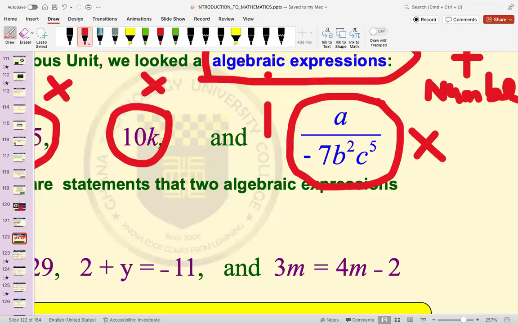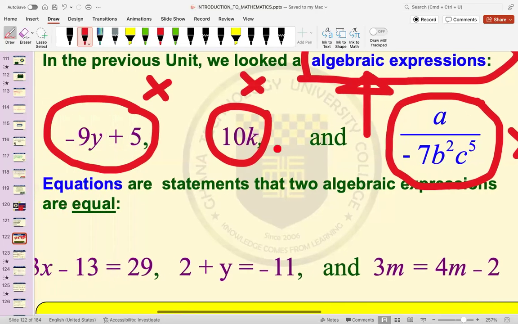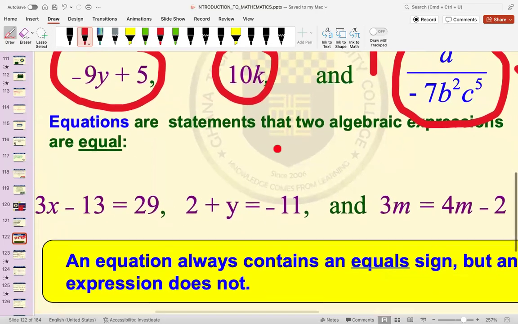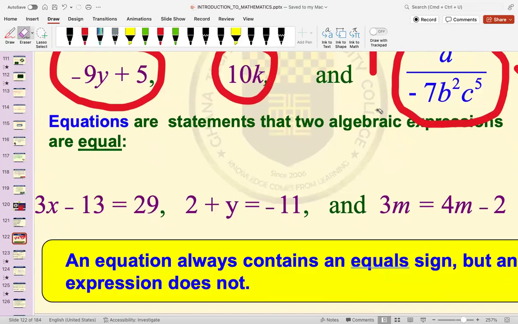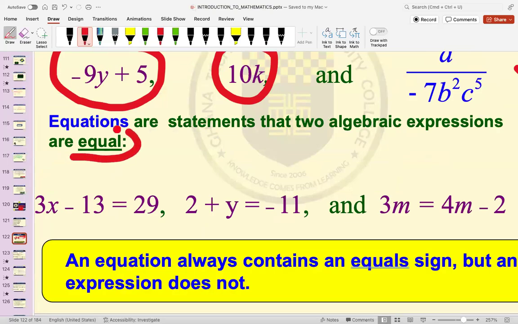It is an algebraic expression. Okay, so what changes the algebraic expressions into equations are the equal signs. The equal signs change them to become equations.